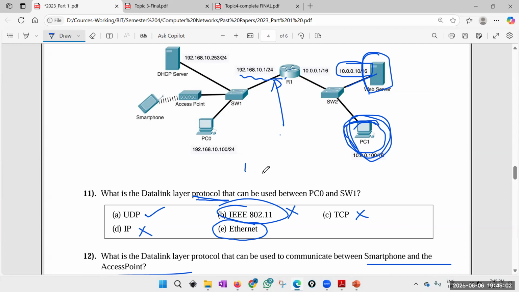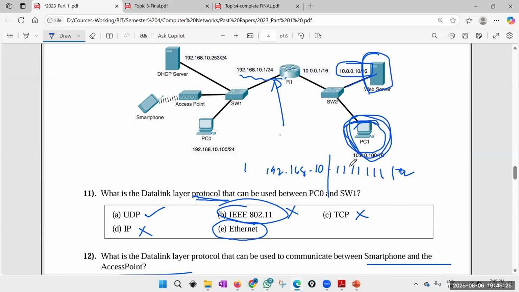What is the biggest you can go? 192.168.10 and it's /24, so you have all these 8 bits. The biggest you can go is all eight bits as ones, and that will be the broadcast address because this network has /24.